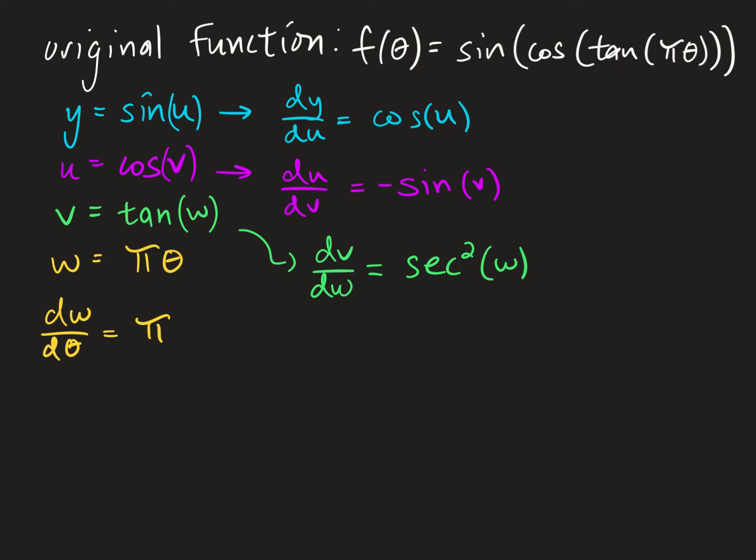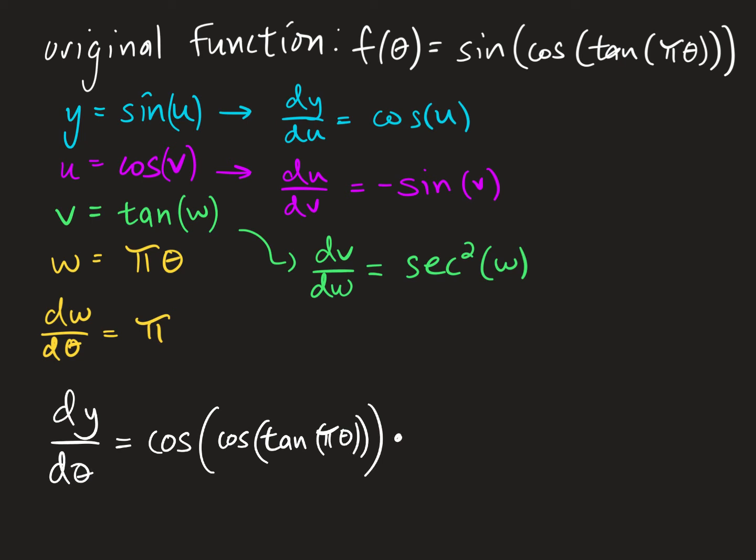But that means the final derivative here would be dy d theta equals, this would be cosine of u, and u from the previous slide was cosine of tangent of pi theta, multiplied to du dv, which is negative sine of v.